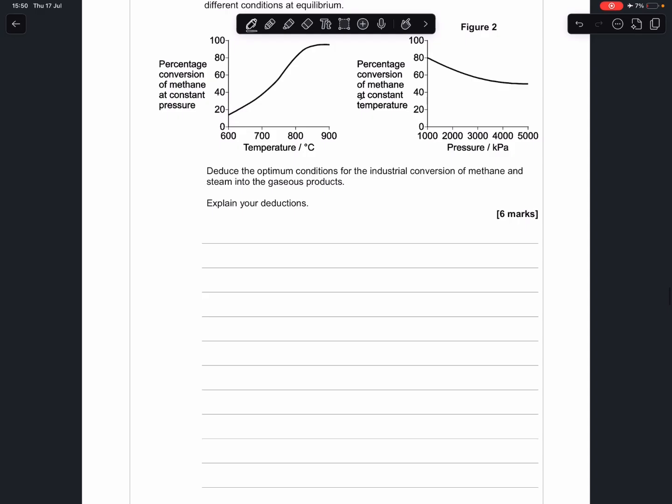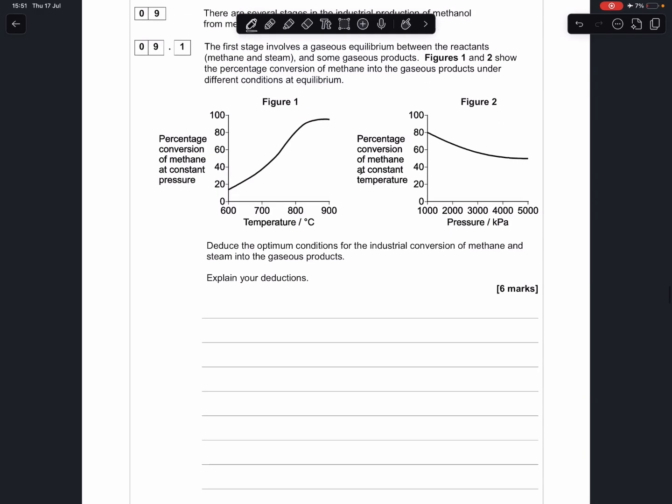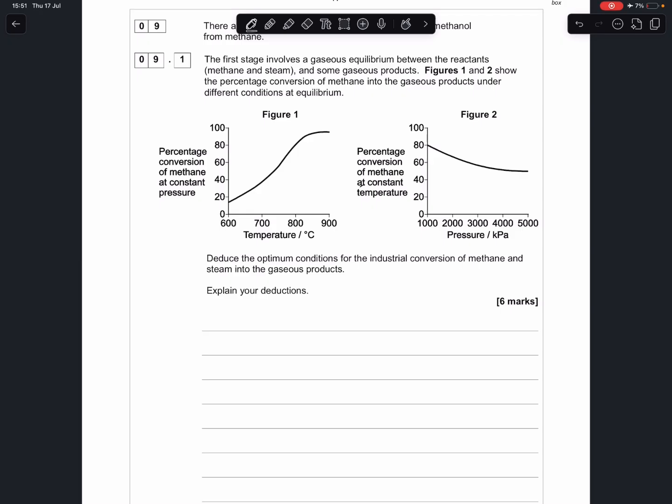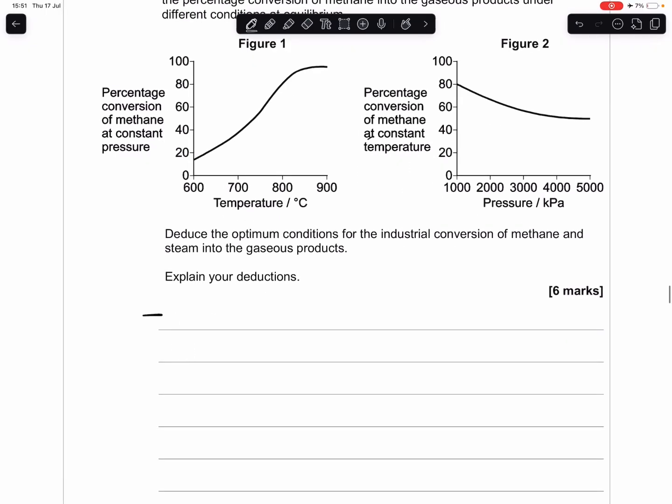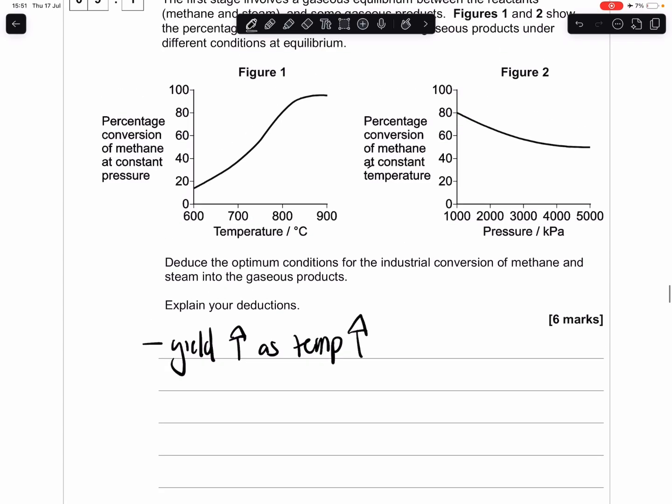So, deduce the optimum conditions for the industrial conversion of methane and steam into the gaseous products, explain your deductions. So let's first just look at what we've got on the graph, and here we see that yield, our percentage conversion, increases as temperature increases. So let's just say that. Yield increases as temp increases.